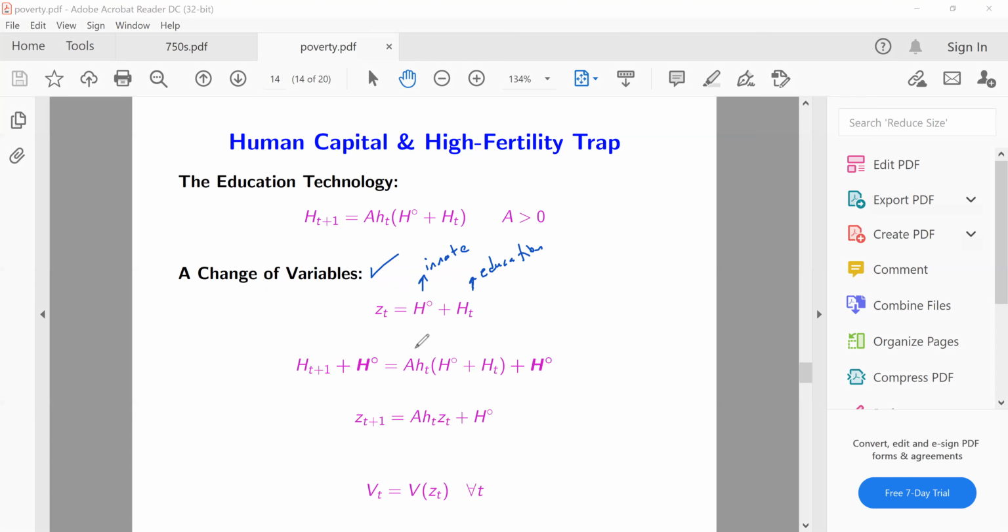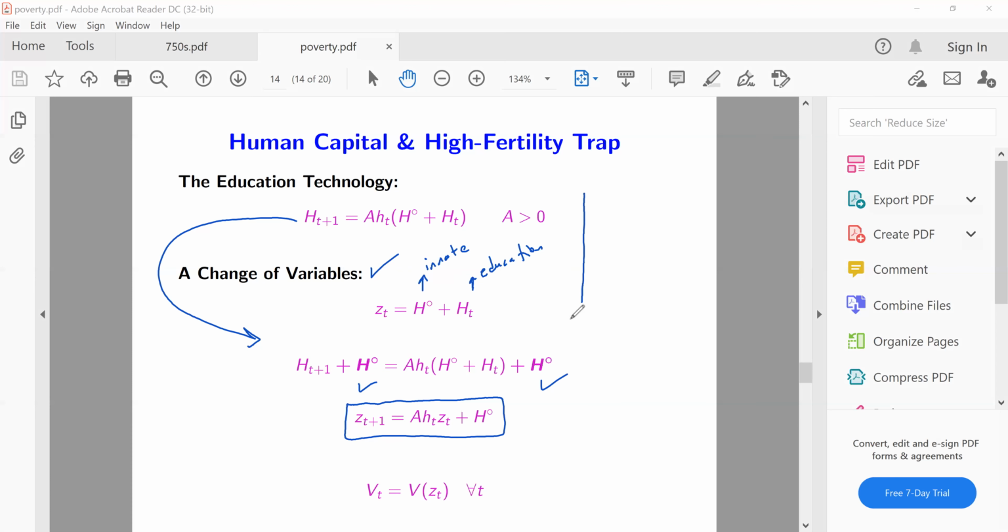So we denote the totality as ZT. In the next piece, using this education technology, we add the innate ability to both sides. Then we can write this in terms of Z, and as you see, it becomes a difference equation in ZT.